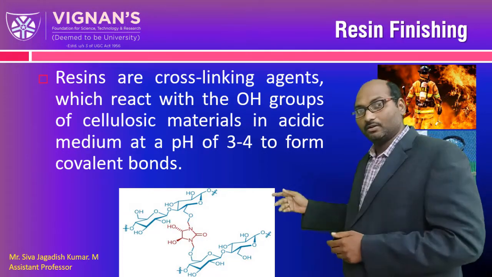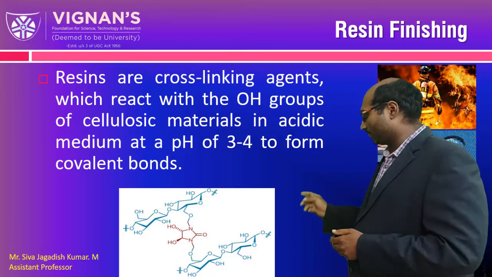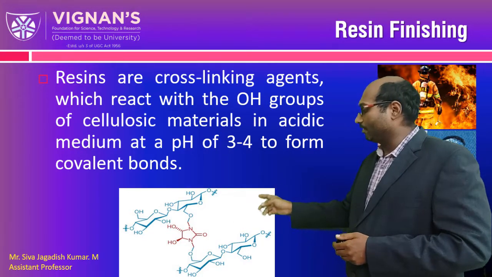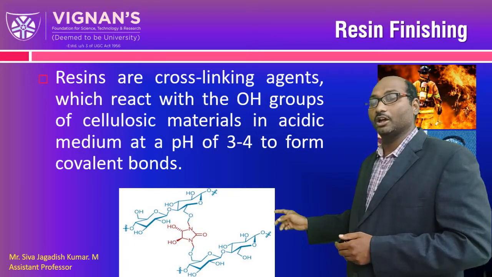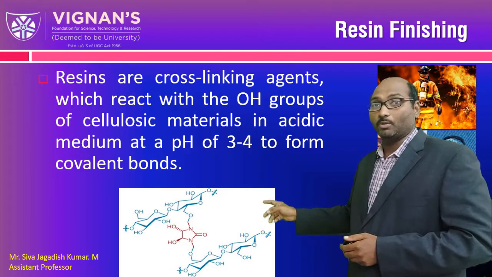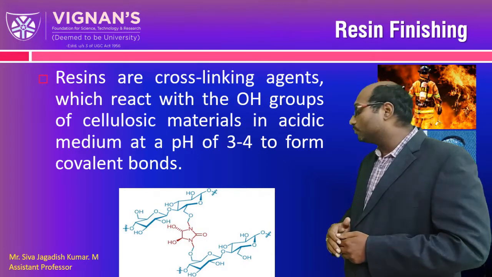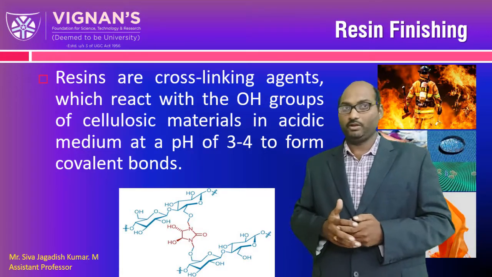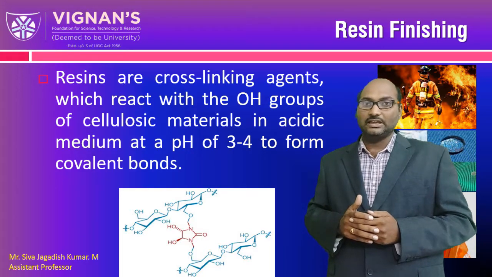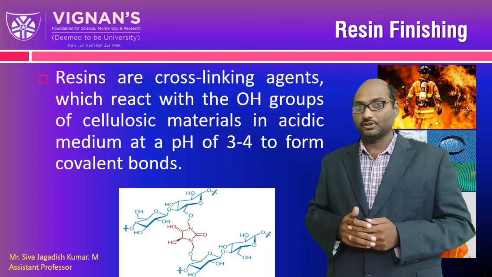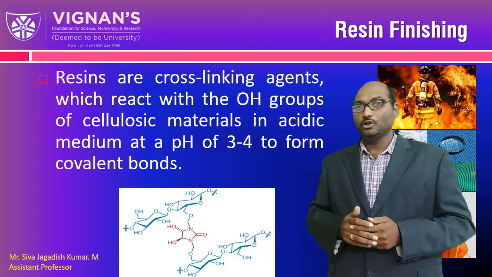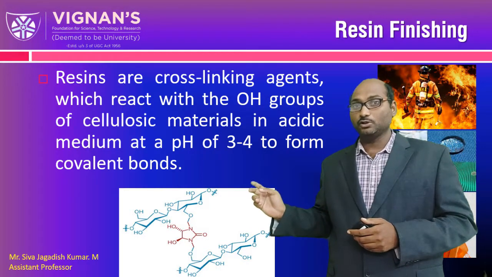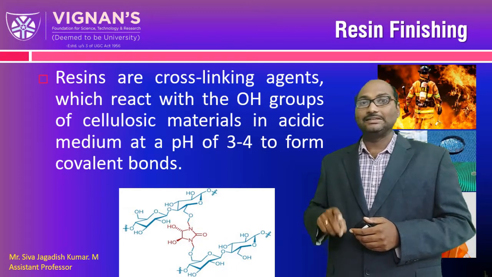You can see in this figure a cellulose polymer and another cellulose polymer, and the molecule in between is the resin molecule, which forms a bond between 2 different cellulose polymers. So these resins are cross-linking agents which react with the OH groups, and these OH groups are responsible for the creation of creases or wrinkles.